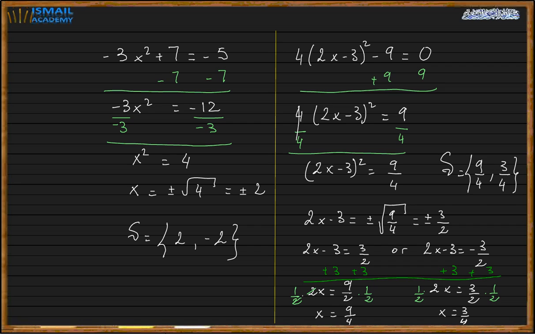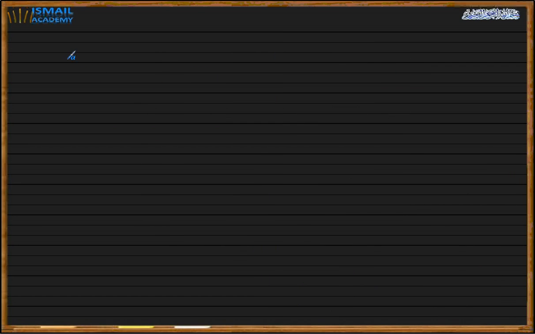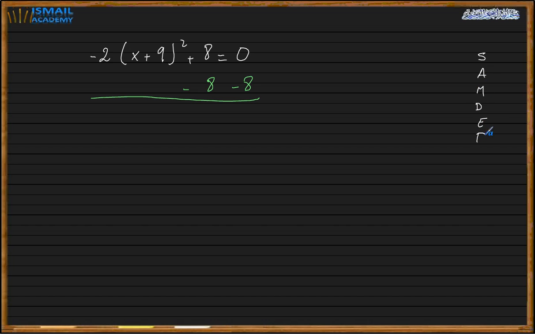Let me give you a last example. Suppose I want to solve minus 2 times (x plus 9) squared plus 8 equal 0. So here again I will subtract 8 from both sides. As you see here, I always use the reverse order of operations, which is subtraction, addition, multiplication, division, exponent, and parentheses.